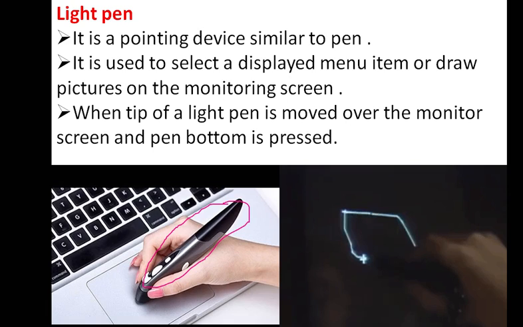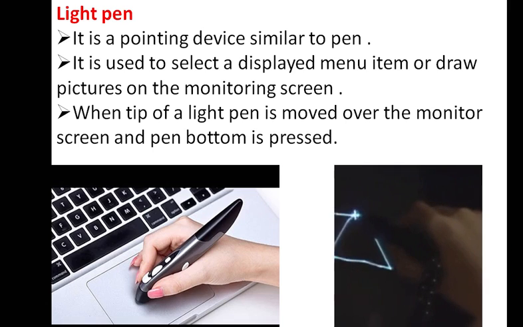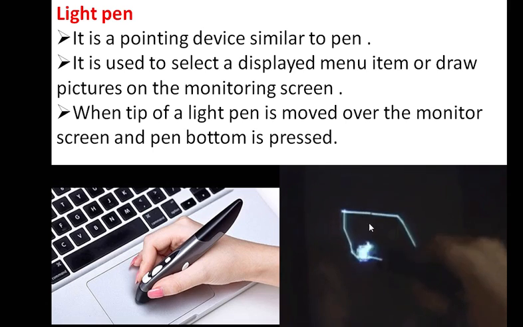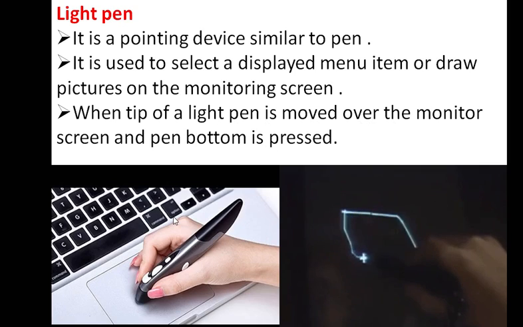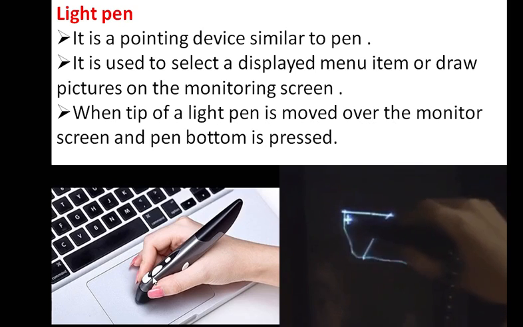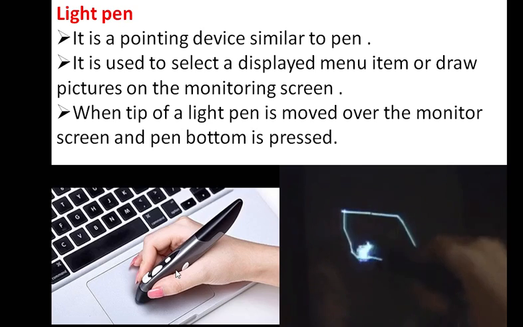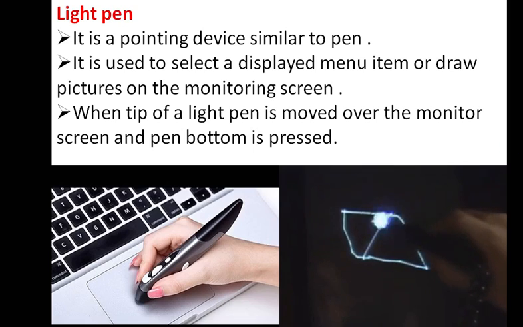Here you can see the monitor screen. When the tip of a light pen is moved over the monitor screen and the pen button is pressed, the function is similar to a mouse. Okay, this is another input device.